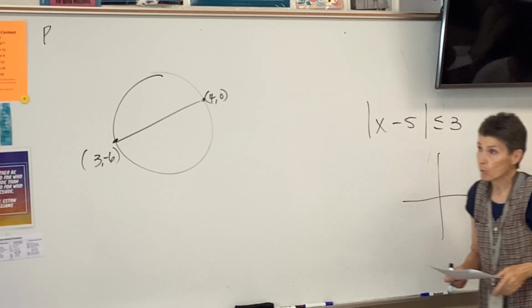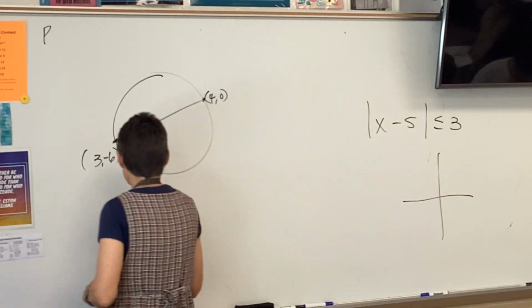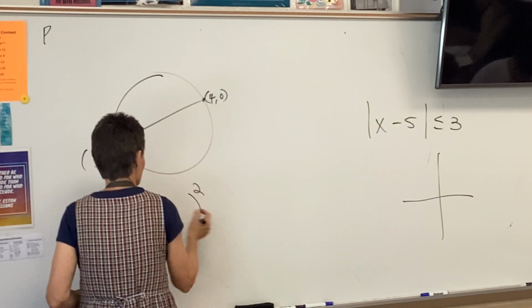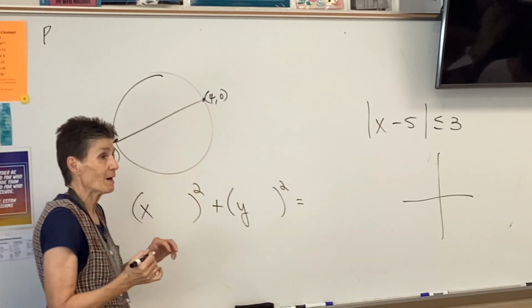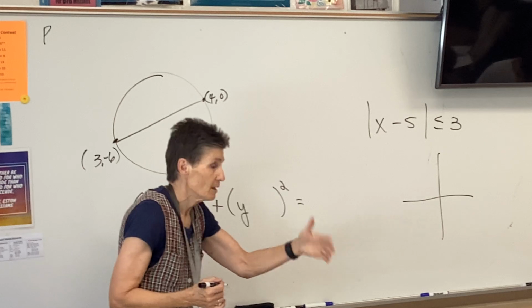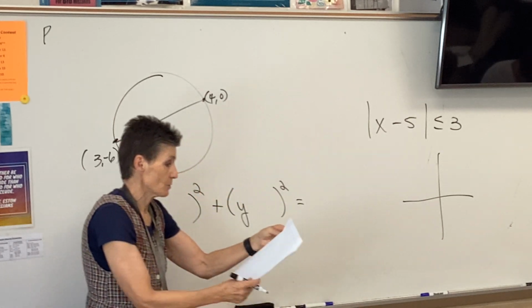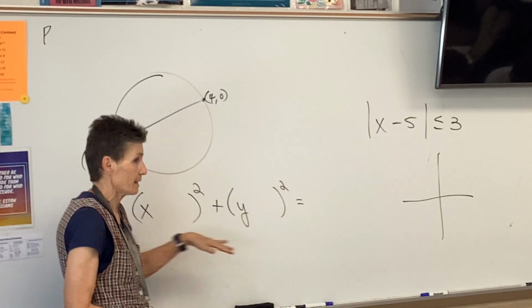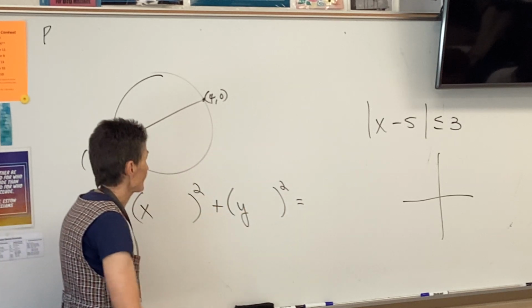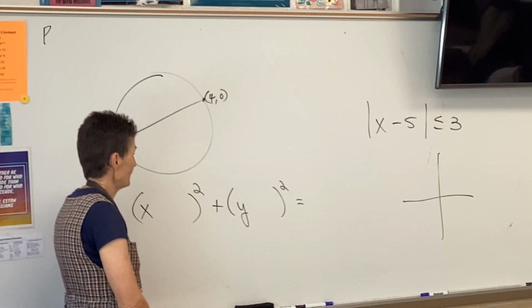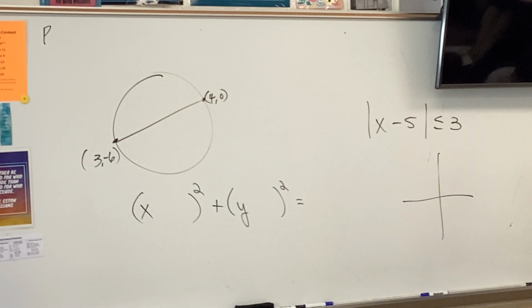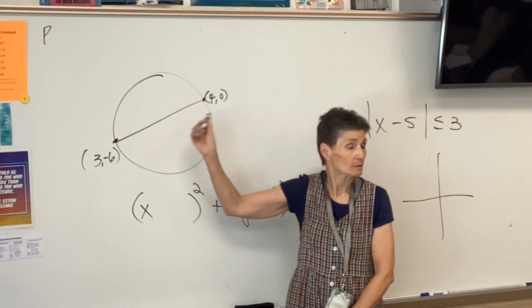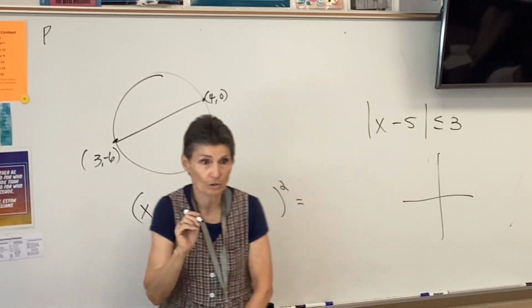Now, I'm going to write the equation of that circle. So I know that it looks like this. If you're not sure about that, look back a couple of problems when we were looking at circles. This is what they look like. Now, if I'm going to fill in the blanks, where do I need to go? Center. Now, this is the diameter. What do you know about the center?